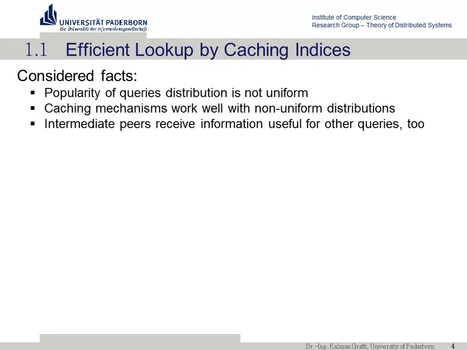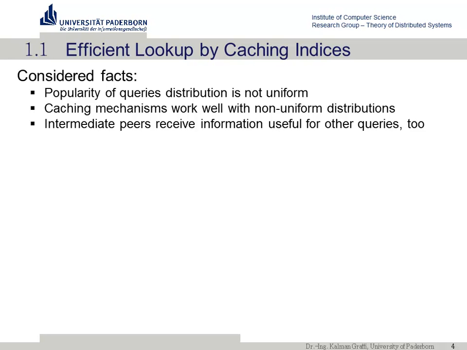Caching, that's a term that you probably should know. The idea is, when we have a query distribution, the popularity of the content comes into play. We might have documents which are much more popular. So there we have the Zipf distribution, with very few objects being very popular and very many not popular.